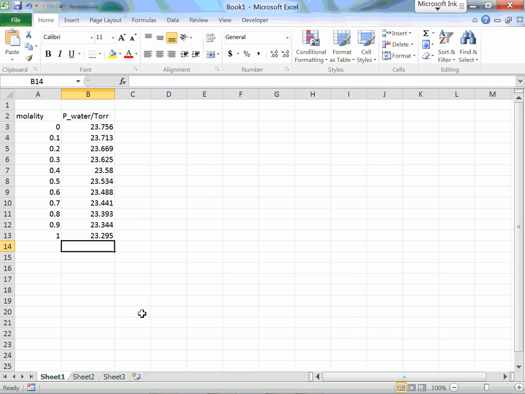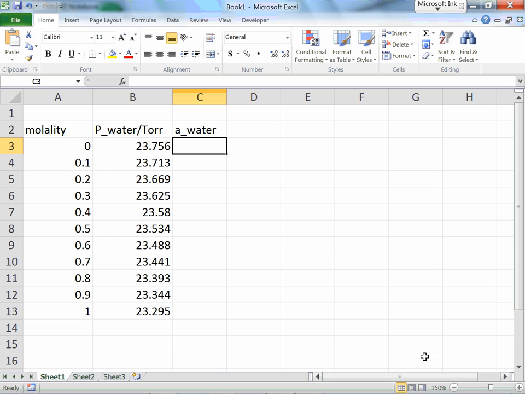Alright, so let's continue. So we have the vapor pressure of water. How do we calculate the activity of water? What's the formula for the activity of solvent? PA over PA star, right? So what's our PA? Let me make this bigger. PA is this one right here, right? What's our PA star? Same one, because that's pure water when you have molality of 0, right? So B3 over B3, that's 1.